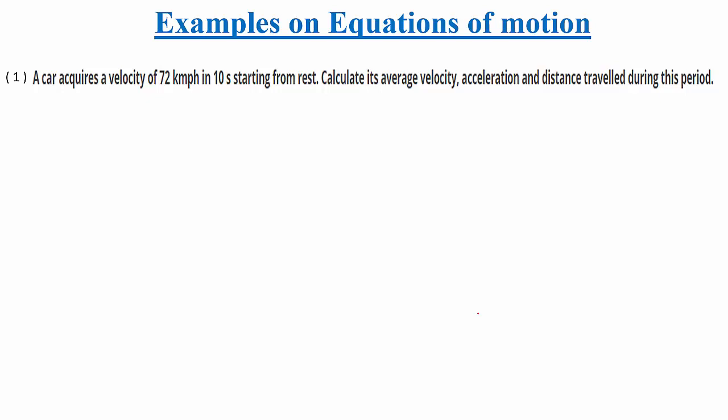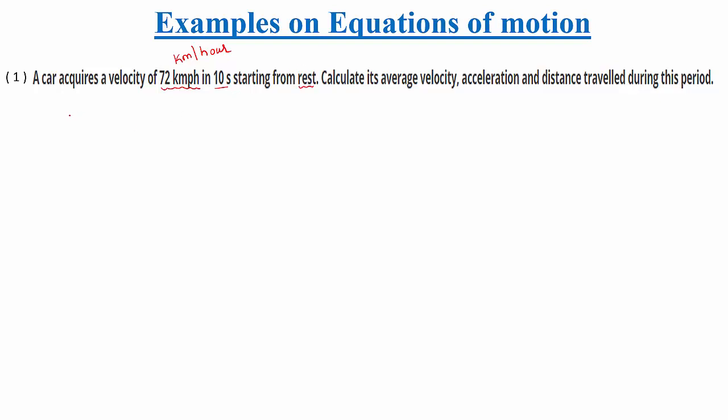The first problem is: a car acquires a velocity of 72 kmph, that means kilometer per hour, in 10 seconds starting from rest.